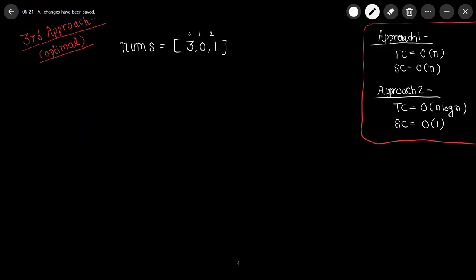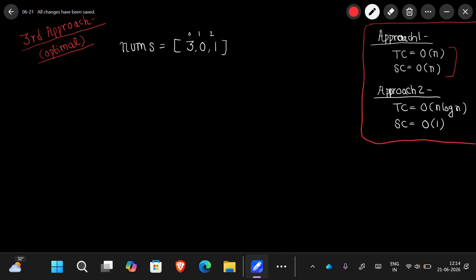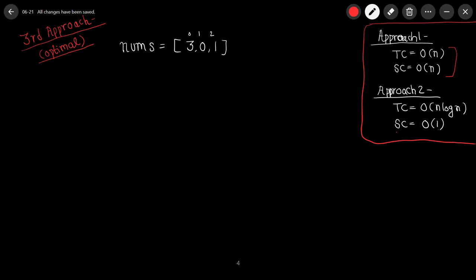So coming to our final approach and the optimal one. Here you can see the first approach: the time and space complexity were big O of n. In the second approach, we improved space from n to 1, but our time complexity increased to n log n.